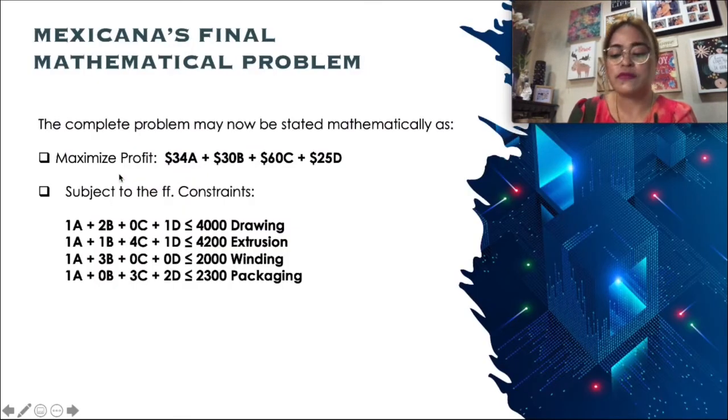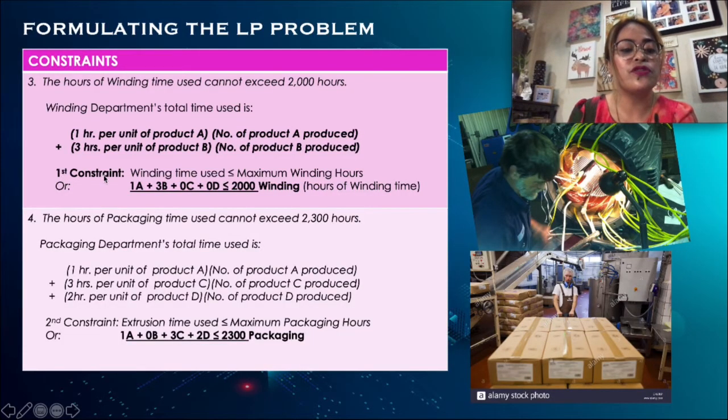Oh, this is not the first constraint, but the third constraint. I'm sorry. Okay, so this is supposed to be the third constraint. So, winding time used in our third constraint must be less than or equal to the maximum winding hours, or 1A plus 3B plus 0C plus 0D must be less than or equal to 2,000 hours of winding time.